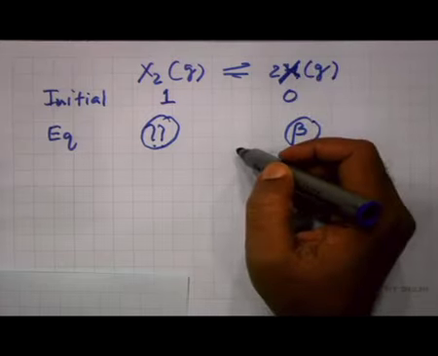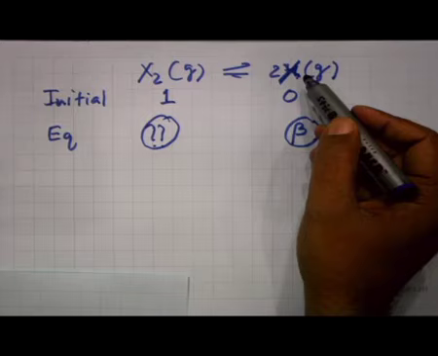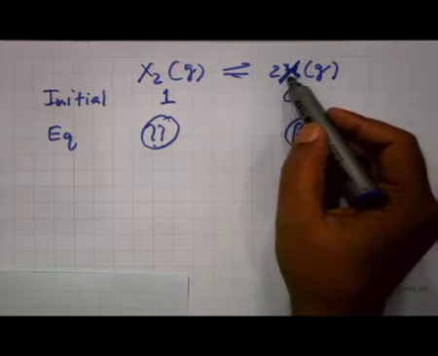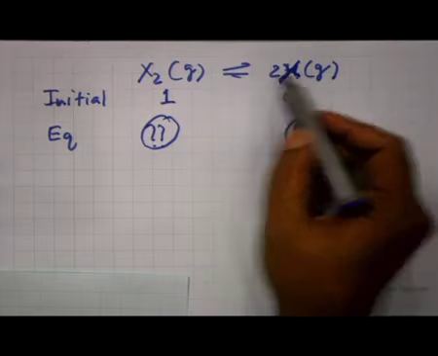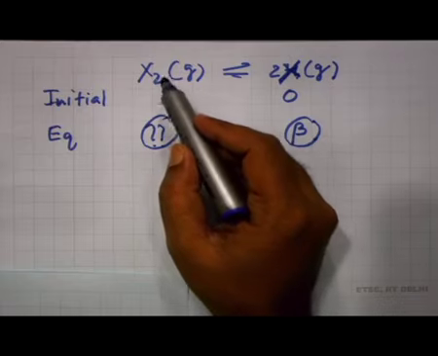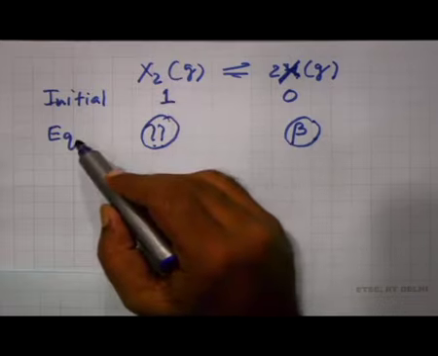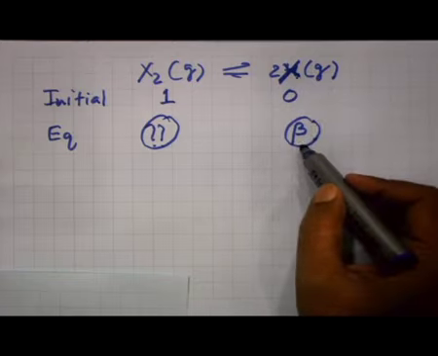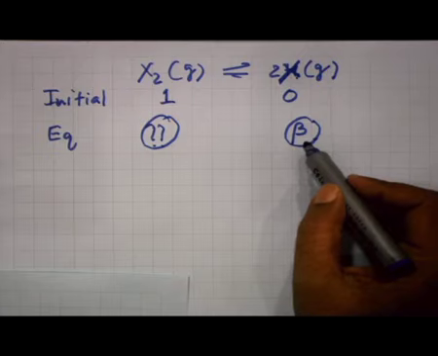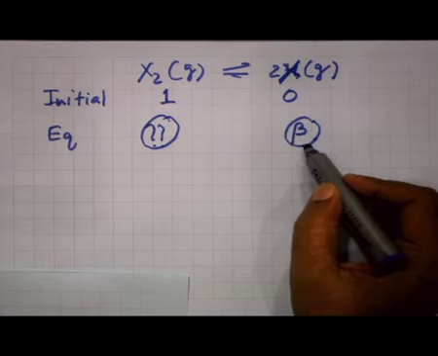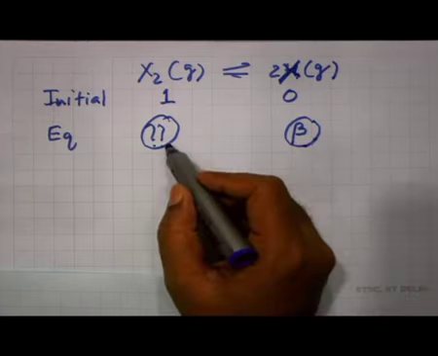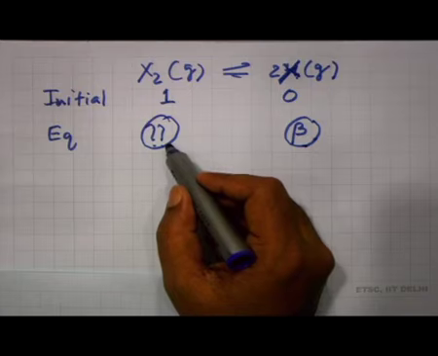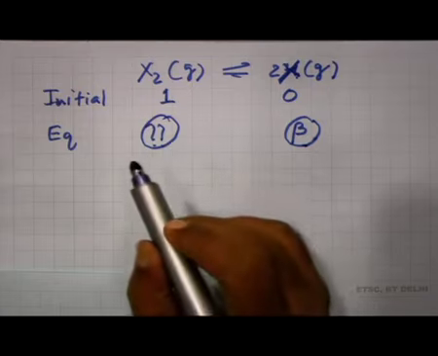Or you can just think in the opposite way: if 2 moles of X are formed, 1 mole of X2 is used. Okay. So, if I think in this way, now think of this: if beta moles of X is formed, how many moles of X2 will be used?